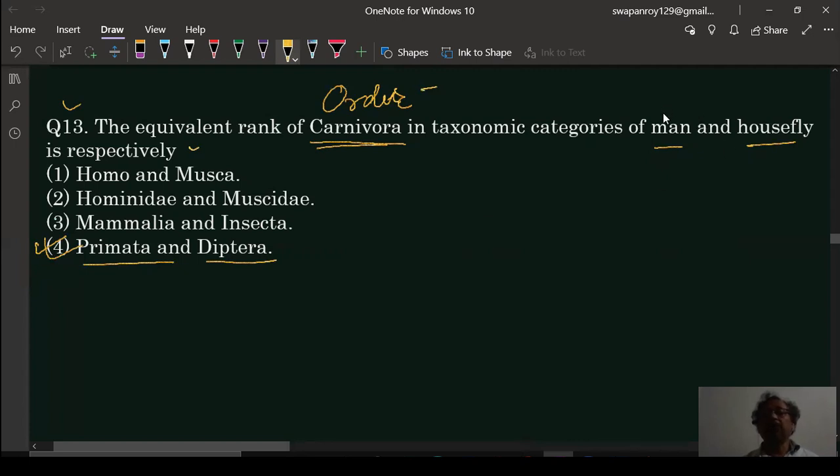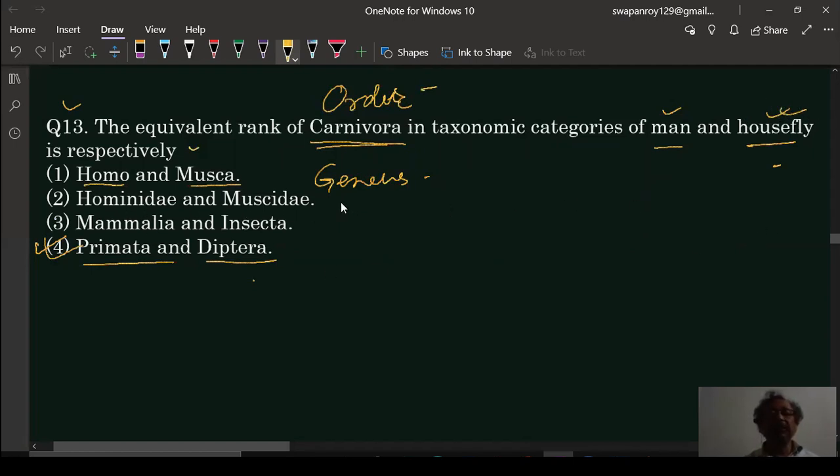Primata is for human beings and Diptera is for the houseflies. The option 1, Homo and Musca, this Homo is the genus, Homo sapiens for human beings and Musca for the housefly, Musca domestica.